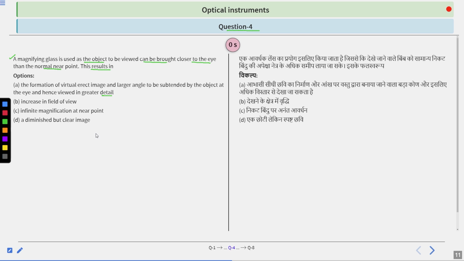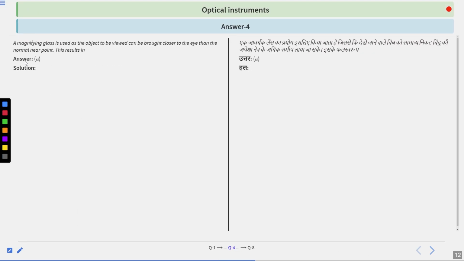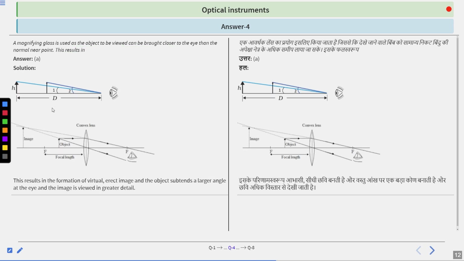Let's see the solution. So, a magnifying glass is used as the object to be viewed can be brought closer to the eye. Listen carefully, closer to the eye than the normal near point. So this results in what? So there are two cases. In the first case, this is the object height and the angle subtended by the object at the eye.